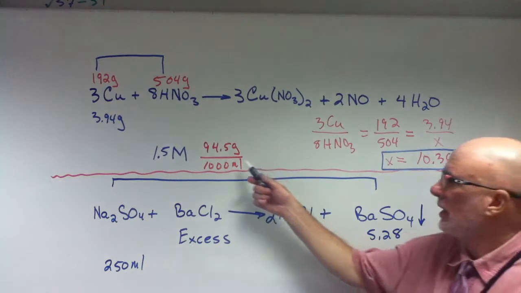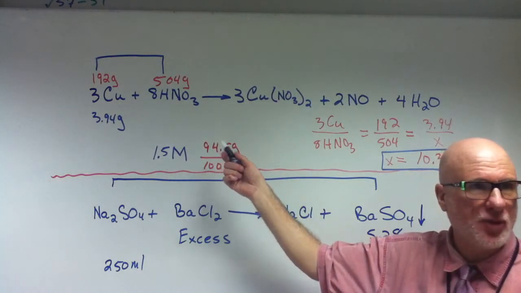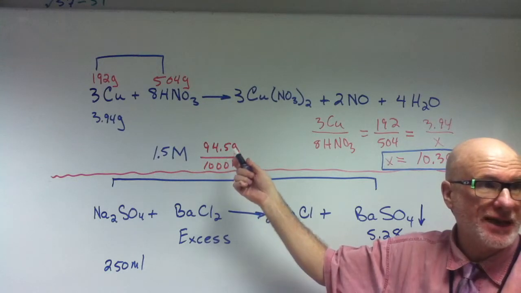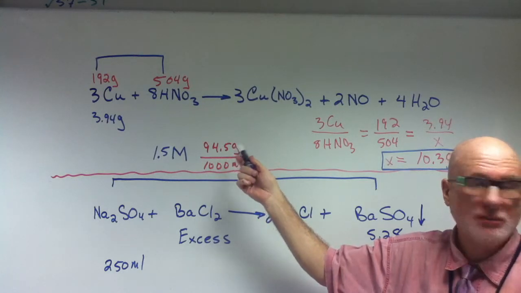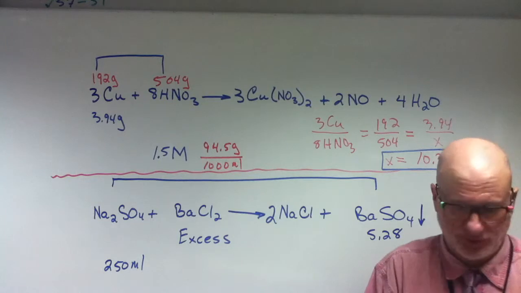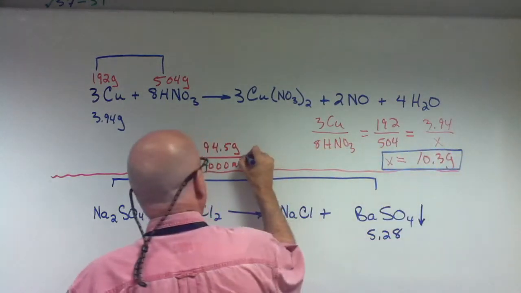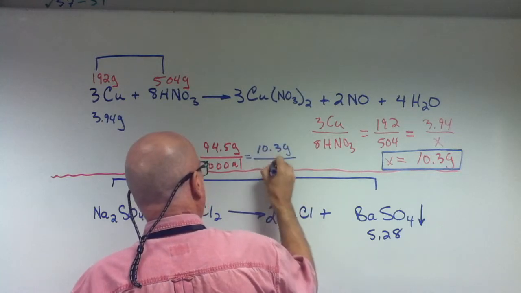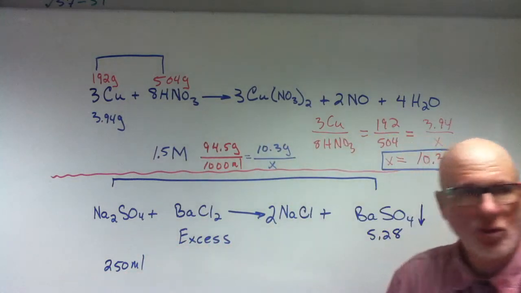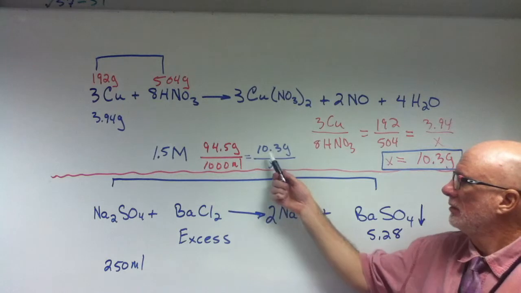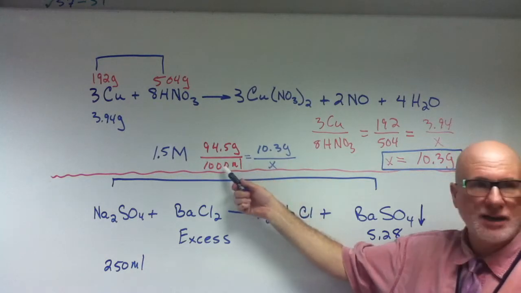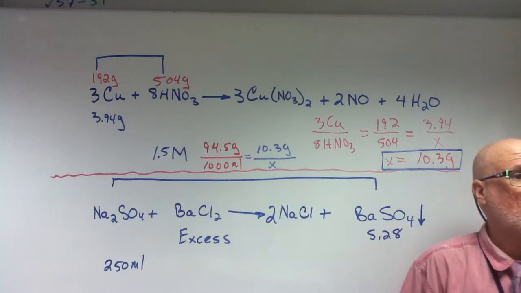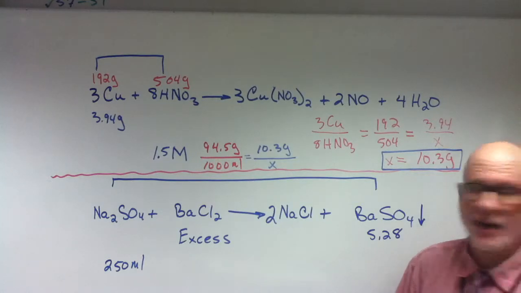All right. So, I know that I have 94.5 grams per 1,000 milliliters. What volume contains 3.94? I'm sorry, 10.3 grams. So that's going to equal 10.3 grams over X. So what volume is it going to be? 10.3 times 1,000 divided by 94.5. 109 milliliters, correct?